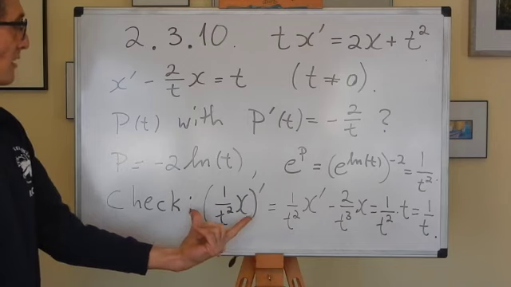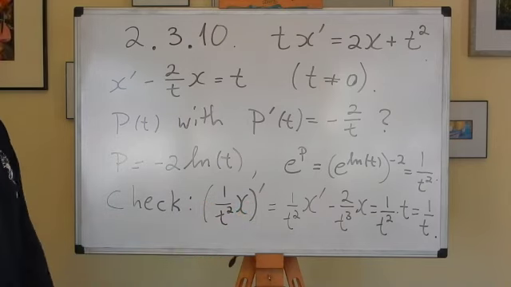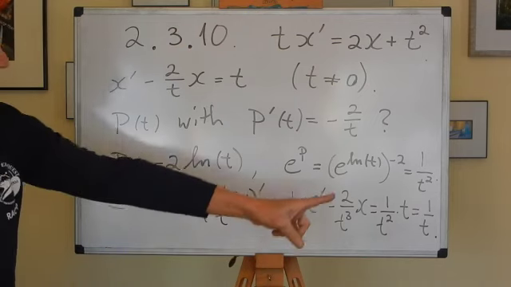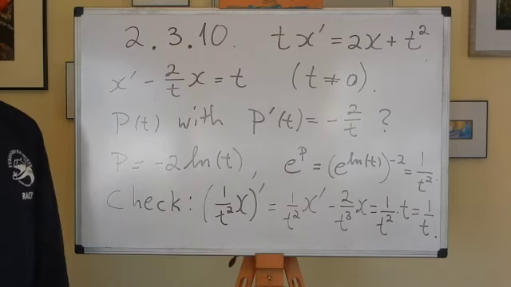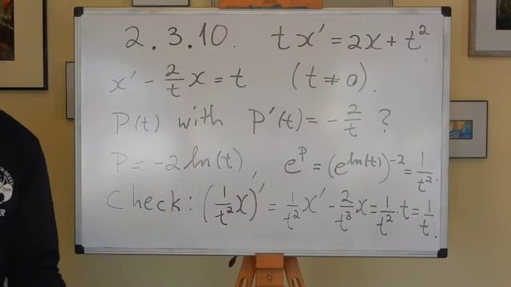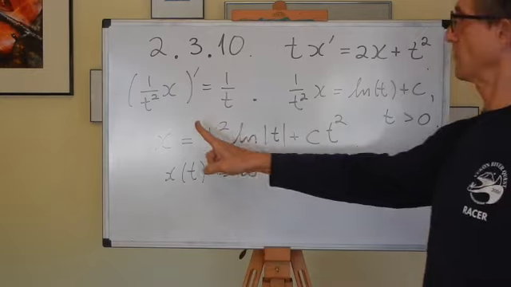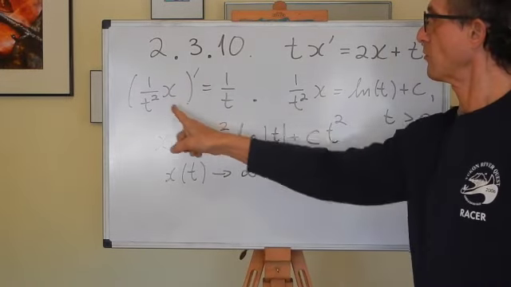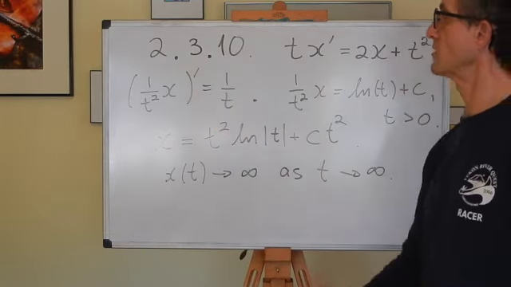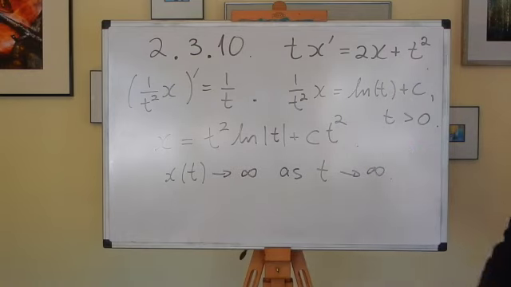So this is something we can anti-differentiate because we have a derivative on the left-hand side, and on the right-hand side we have 1 over t, which we can anti-differentiate. So let's do that next and we'll get a solution. We wind up with 1 over t squared x, the whole thing differentiated, equal to 1 over t. We anti-differentiate both sides.